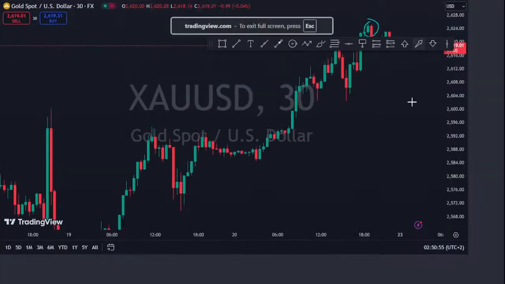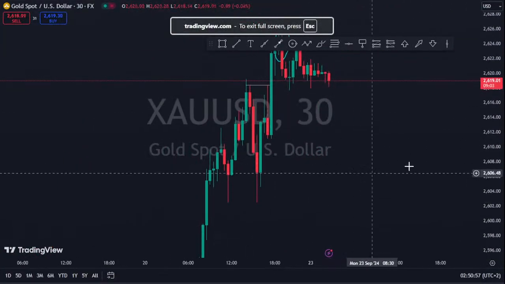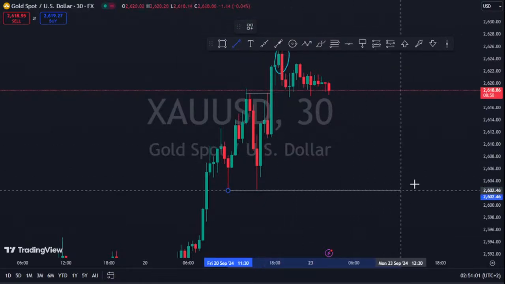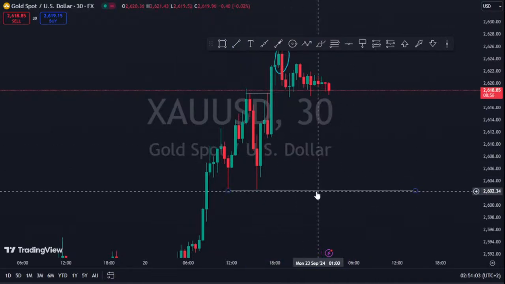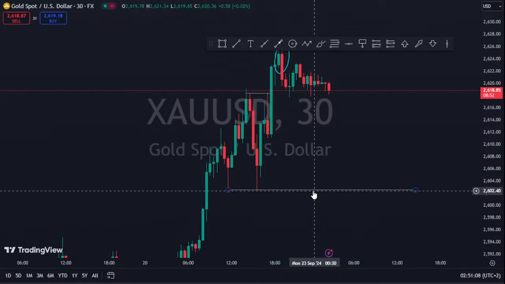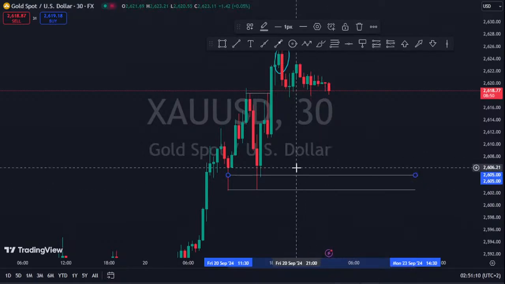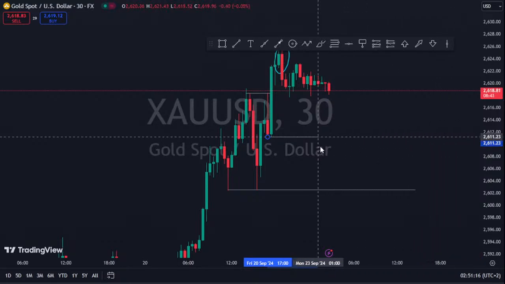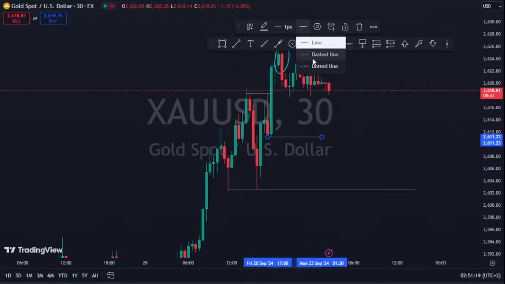So under 30 minutes we would have to just include this one. We would have to include this one, and then copy this one. Won't be as solid because it's clear that price might not even respect it.